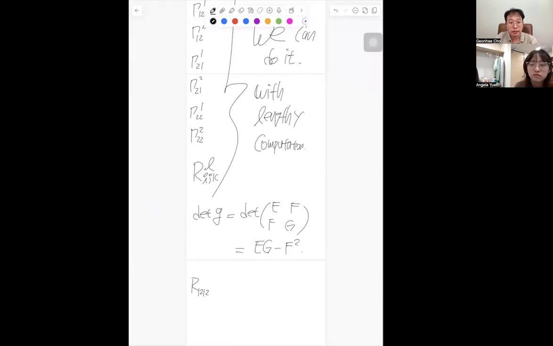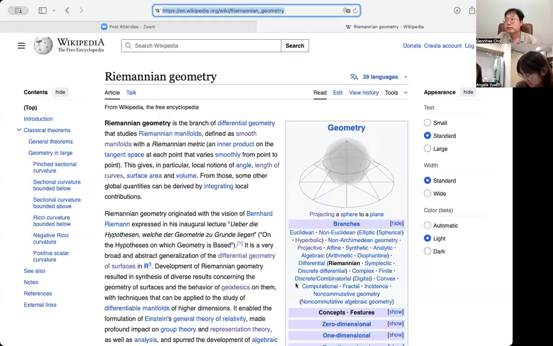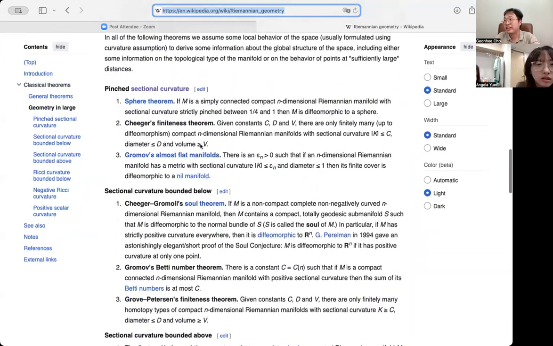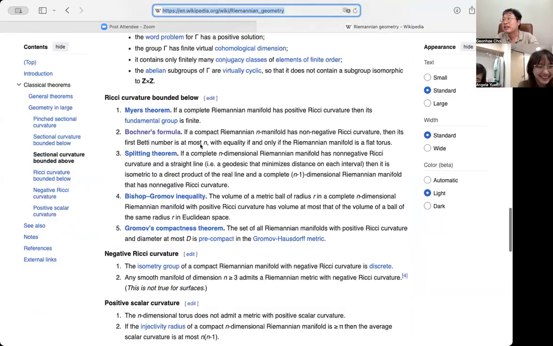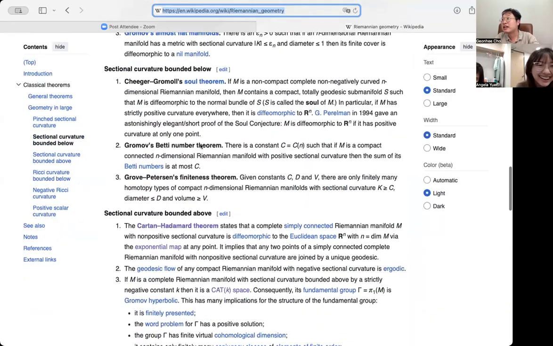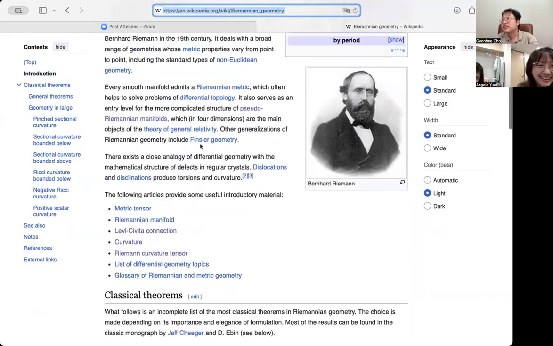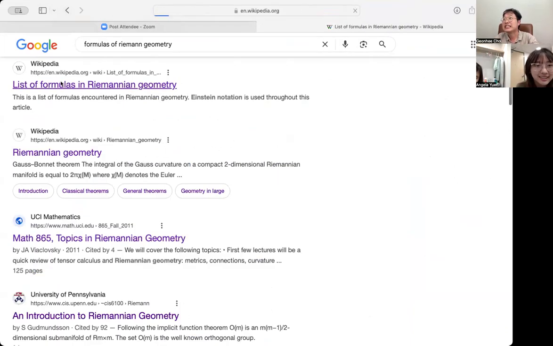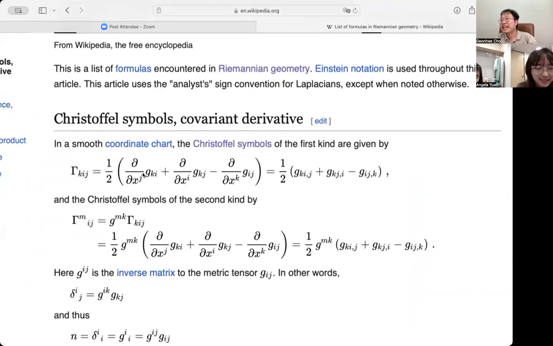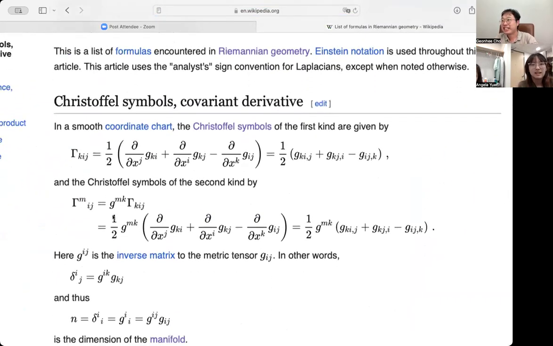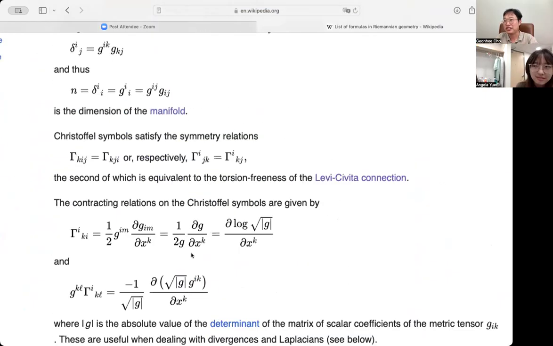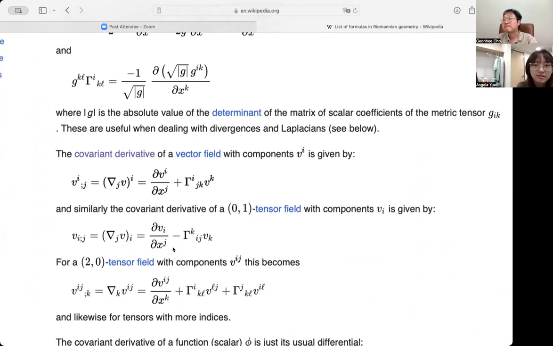So if you just look at this, just skip everything. He invented everything here. I assume it should be somewhere here. Sorry, not this one. I'm talking about the list of formulas. This is what I'm looking for. Now you can see what each of the formulas is, especially what we need.